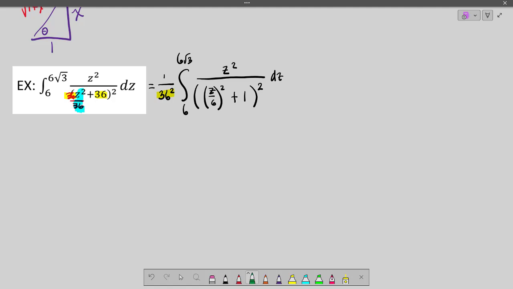We'll put z over 6. So with our substitution, sine, secant, or tangent. Tangent because it's a plus. So that z over 6 will be equal to tan of theta.